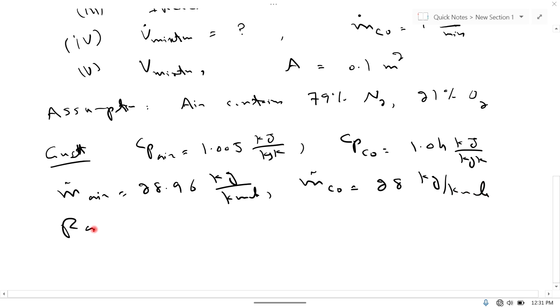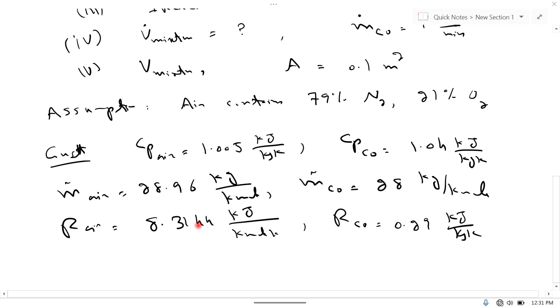Similarly, R for air is equal to 8.3144 kilojoule per kilomole per Kelvin, and R for carbon monoxide is equal to 0.2968 kilojoule per kilogram per Kelvin.